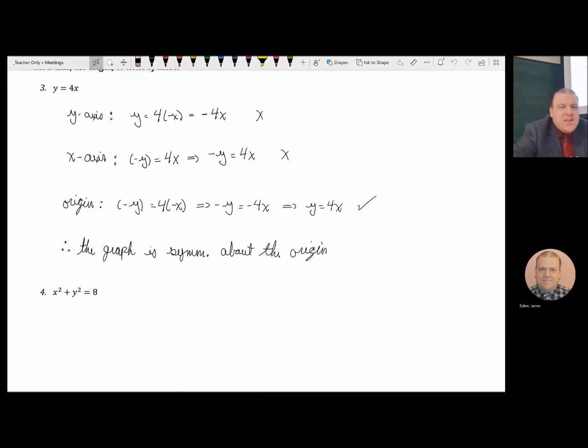X squared plus y squared is equal to 8. You should recognize this as a circle centered at the origin, radius square root of 8.